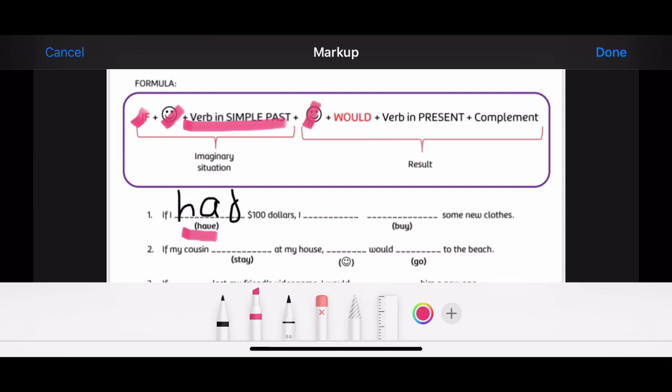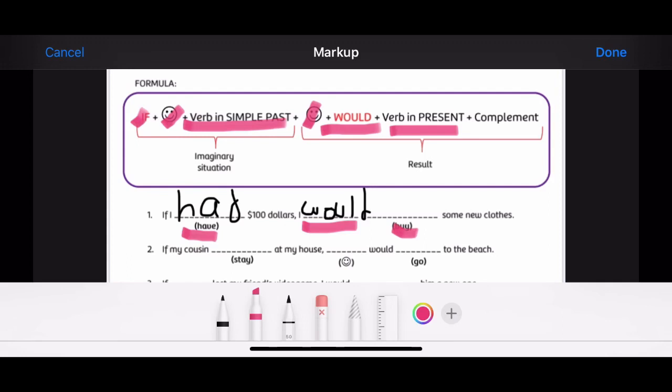Then moving on to the part of the result. I, or subject, then the word would that we have to write here. I would. I'm sorry for my ugly letter. Okay, I would, then we have to put our verb in present.